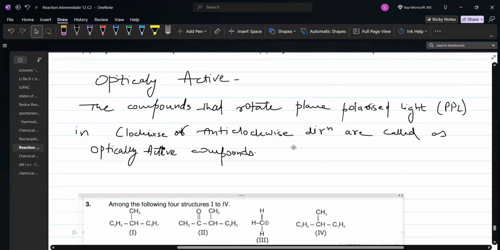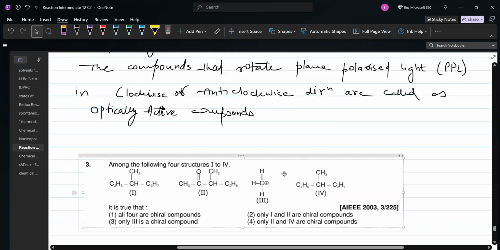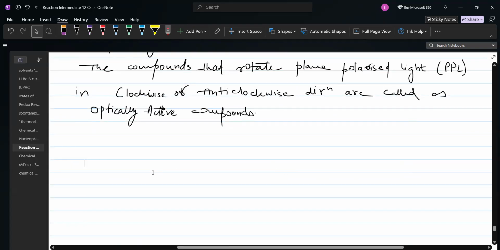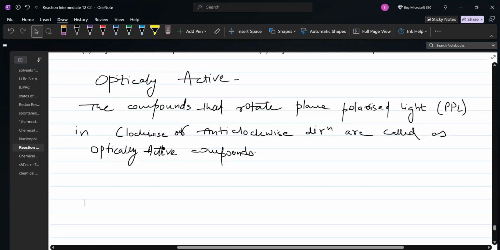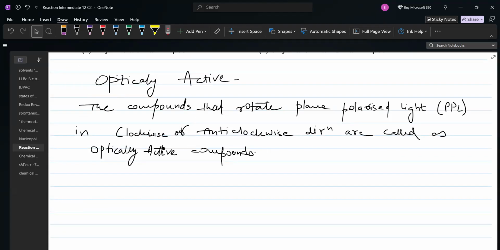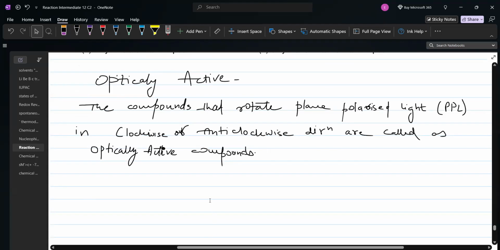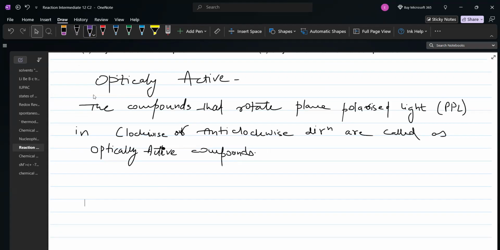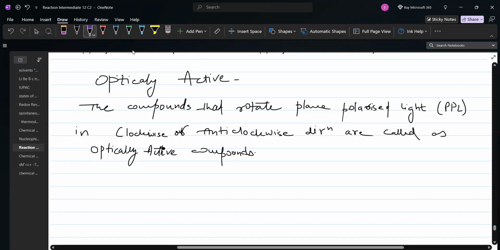You have done this, right? Done writing? Shall I explain? Yes, sir. So see, what happens is we have light, and light is shown in this way because it is electromagnetic radiation, and the electric and magnetic fields are constantly oscillating in this way.